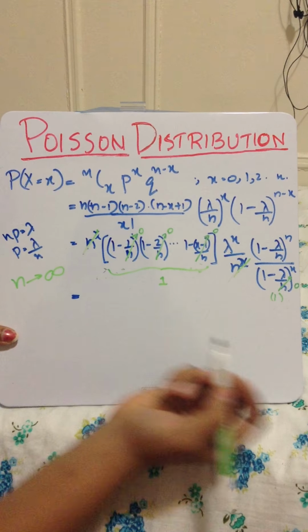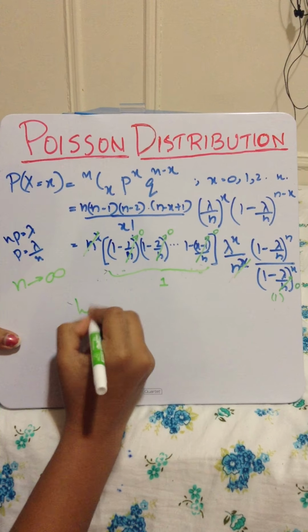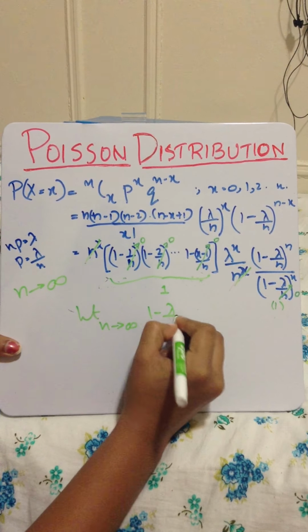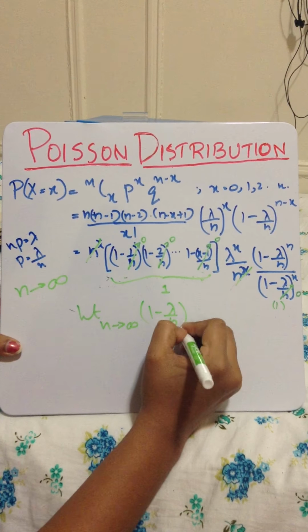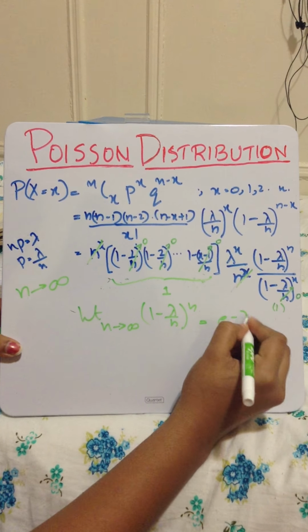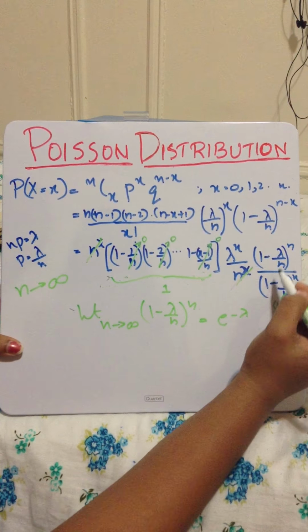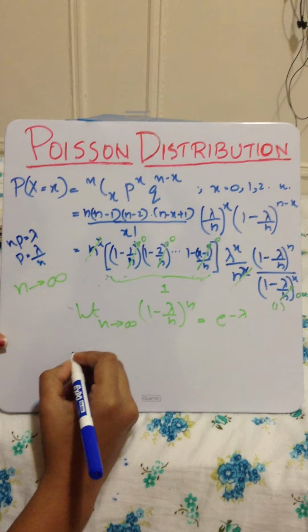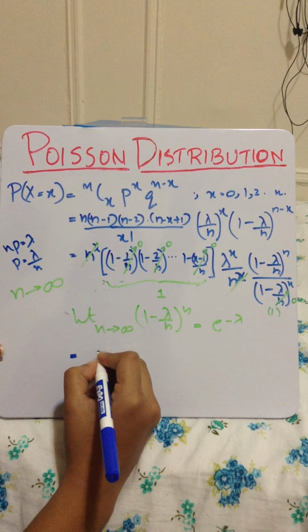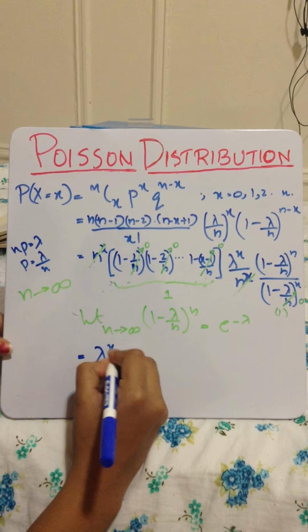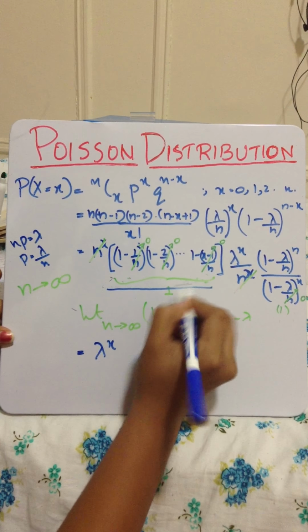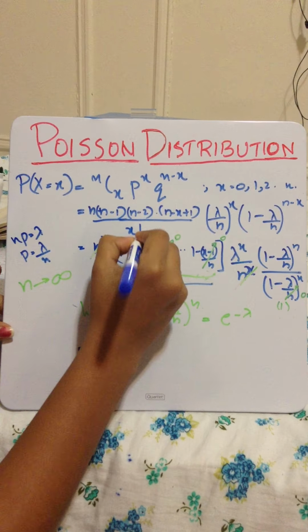This is also, I can write limit n tends to infinity, 1 minus lambda by n raised to n will be e raised to minus lambda. So this term will become e raised to minus lambda. So ultimately I'll get lambda raised to x, oh I forgot the denominator, x factorial.